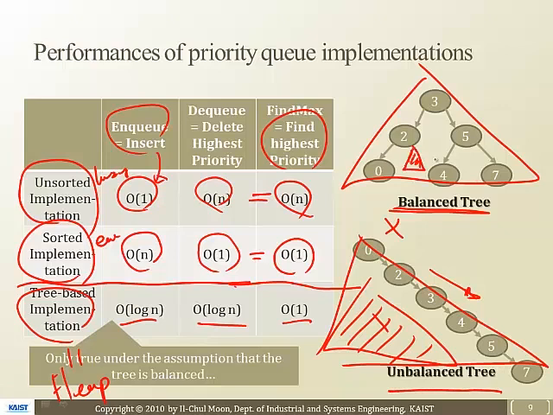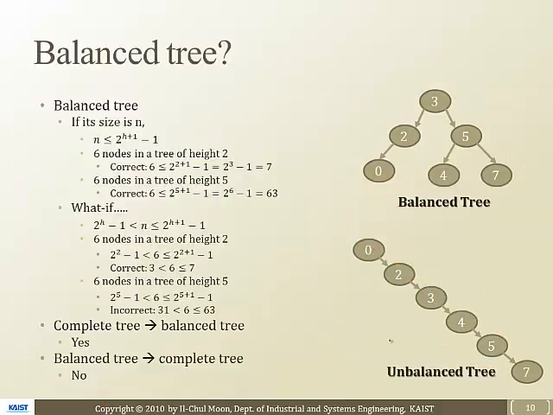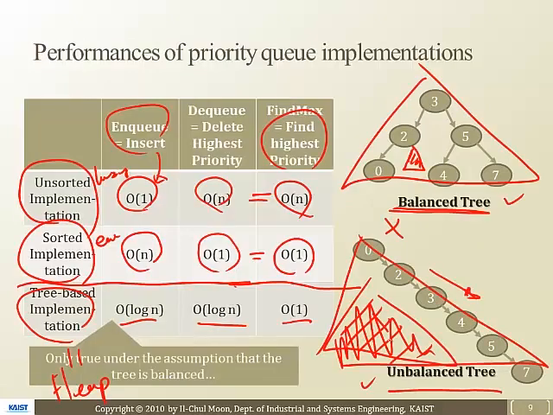However, an unbalanced tree has a huge unutilized space in the tree structure. In this case it's going to be balanced, and this tree is not going to be balanced, right? So how do we find out whether it is balanced or not? Before we go further, this particular implementation doesn't have any condition in it.